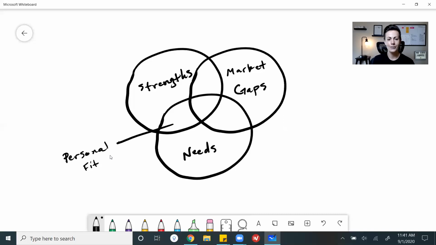It might sound simple or like it's not that big of a deal, but it is. You have to have a personal fit with this, because if you're not focusing on your strengths and the needs together, there is a disconnect. And it's going to be hard for you to move forward and actually see success.